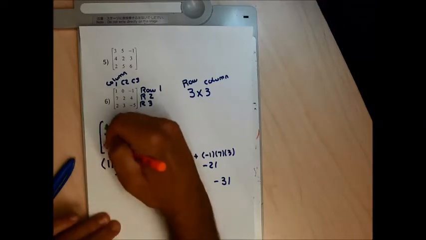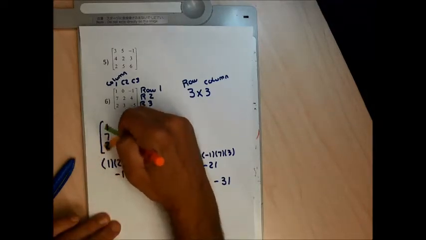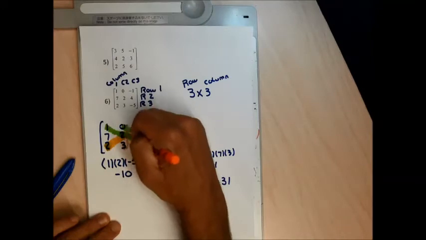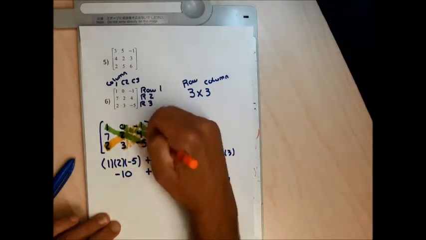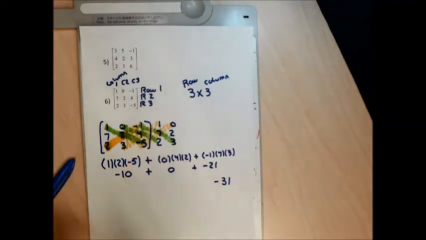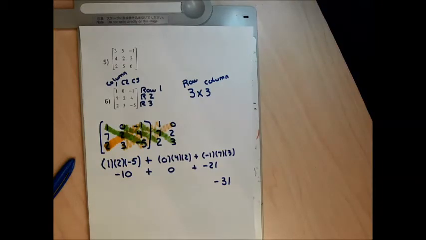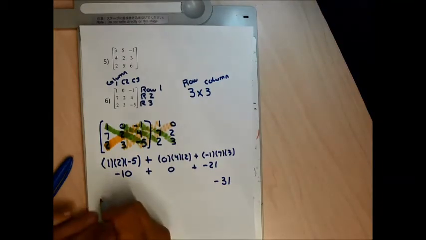Now I'm going to do the same thing. Instead of starting in the top corner, I'm going to start in the bottom corner and do 3 more multiplications. I'm going to do them in a different color just to make them stand out.